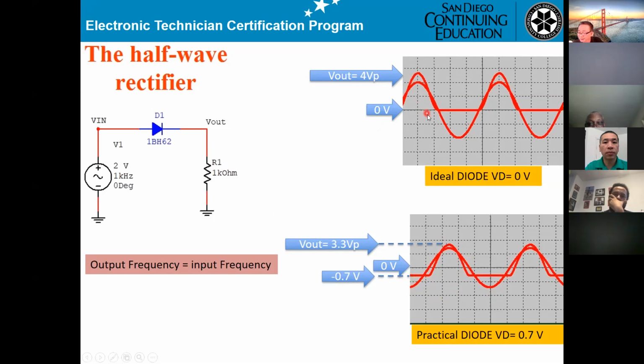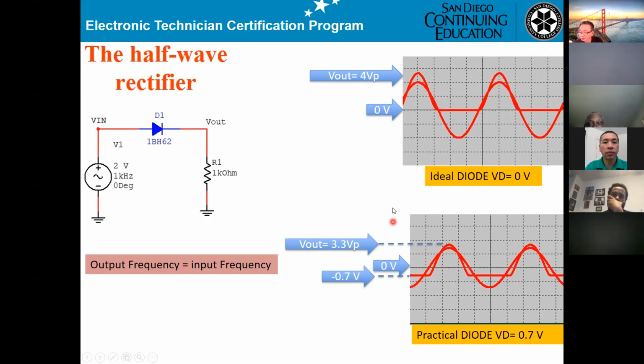V peak will be measured from 0 to the peak voltage. And you already get minus 0.7. So if you get 4 volt, then in this case you measure only 3.3 volt.